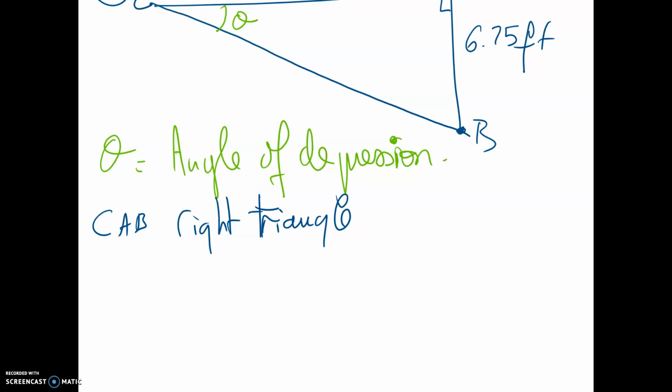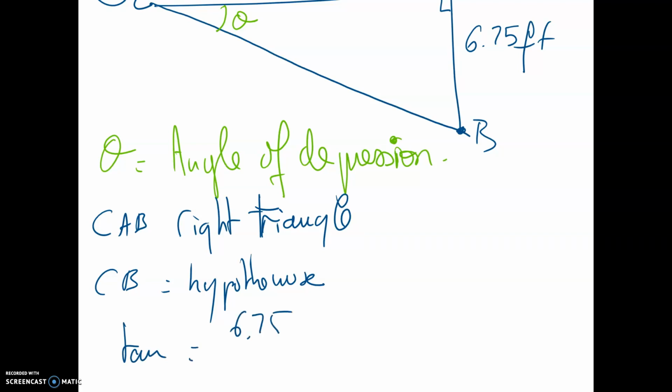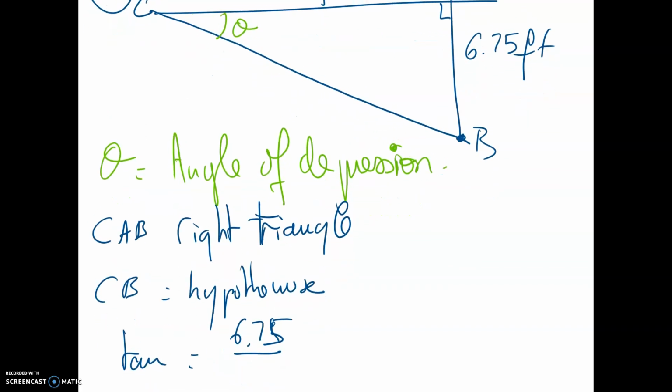We don't know the hypotenuse, which is CB. CB is the hypotenuse, and we don't know that, but we don't really need to know that. Why? Because we can just focus on the tangent, because the tangent is the opposite side divided by the adjacent side, and the adjacent side is 15.5. And that is the tangent of my angle theta.